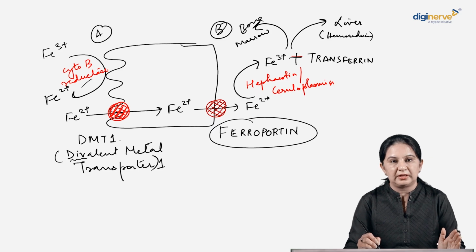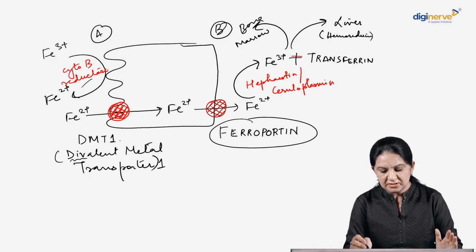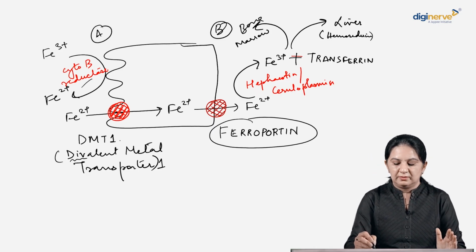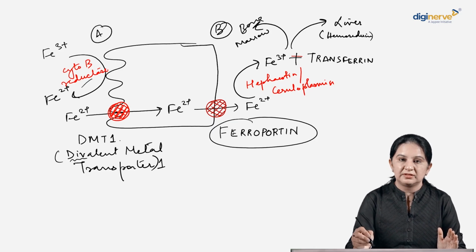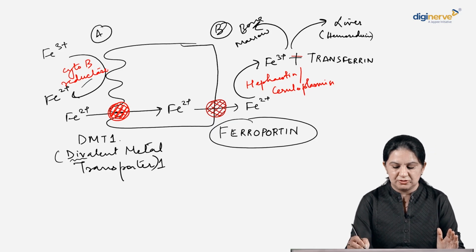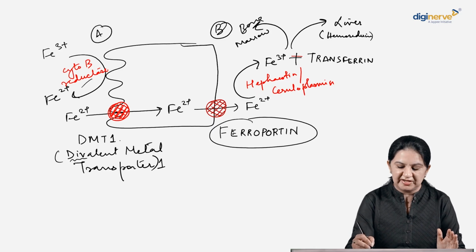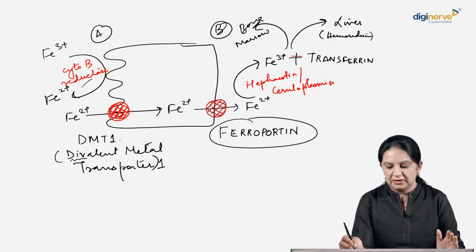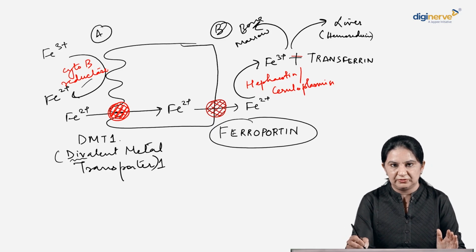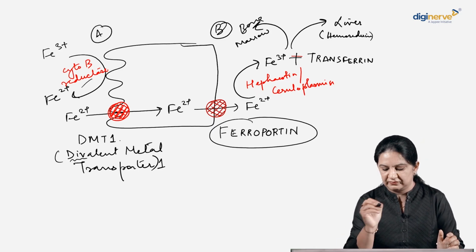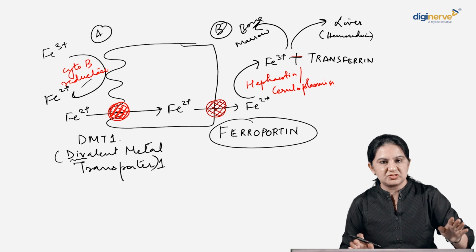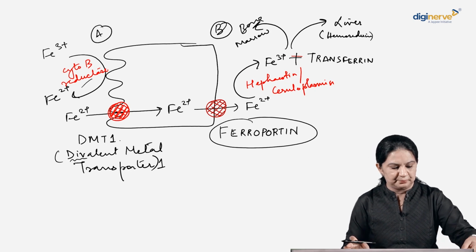Ferroportin helps in transport of iron into the blood. For this, ferrous again has to be converted to ferric. This is done with the help of hephaestin or ceruloplasmin. Now this ferric is ready for circulation. Along with transferrin, it is circulated in the blood and reaches the bone marrow and the liver. All right. So this is all about iron metabolism.